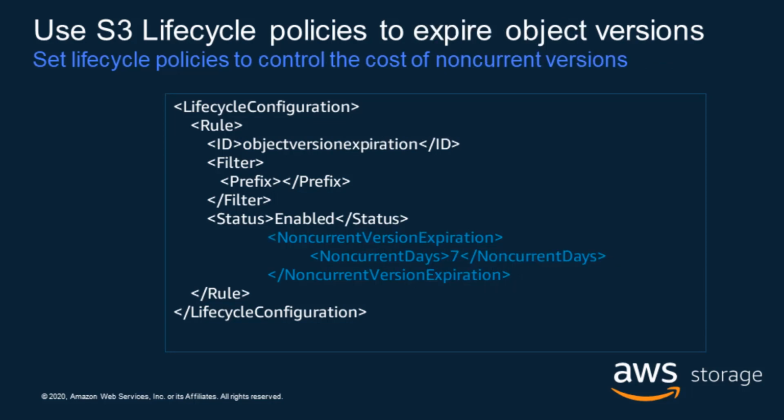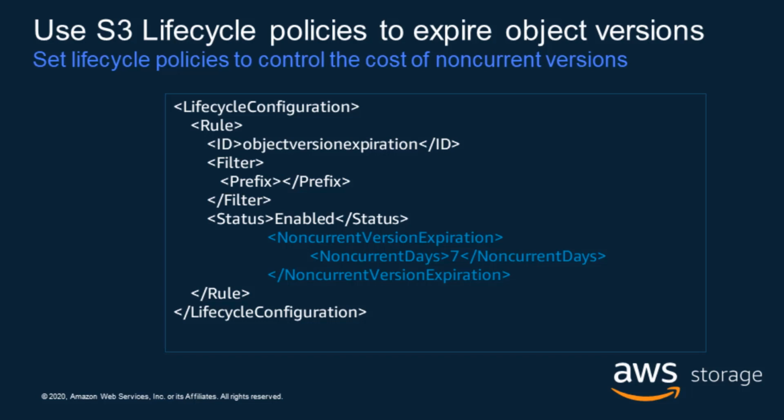On this next slide, we'll talk about actually expiring non-current versions. So it's a non-current version expiration policy. After 7 days of being non-current, I want to expire this object, and what that will do is permanently remove the object from the bucket. So this is a way to control cost. It's something you can put in place to remove non-current versions after a particular number of days, in this case 7.